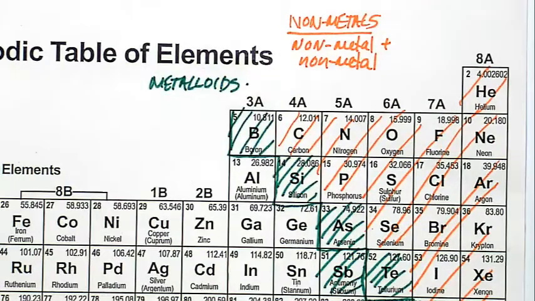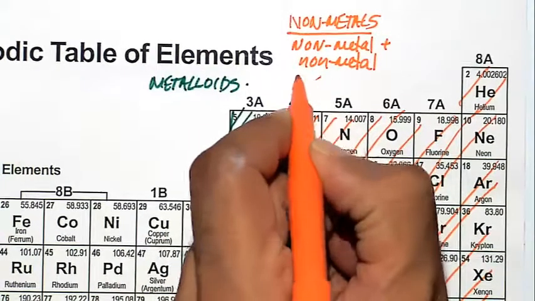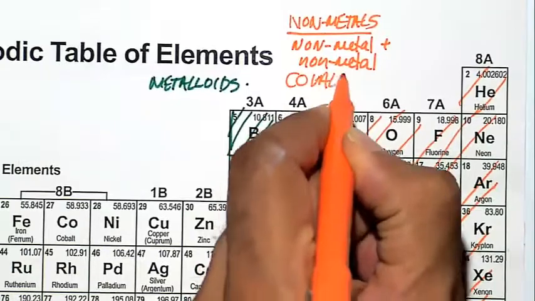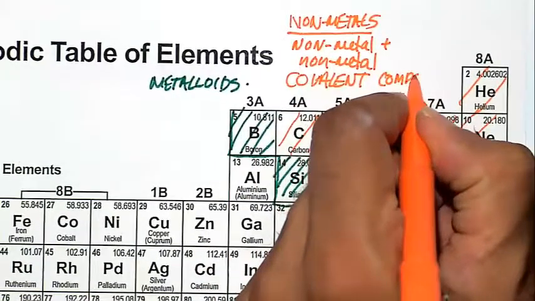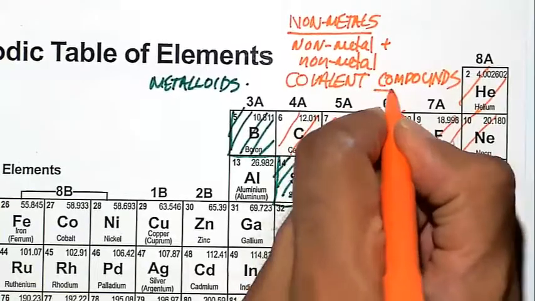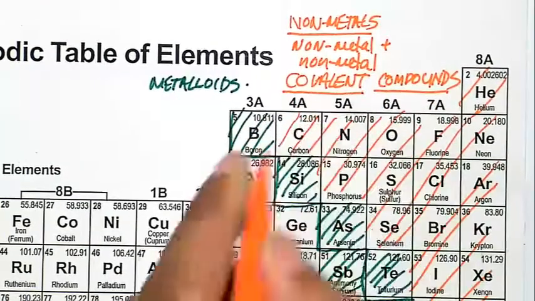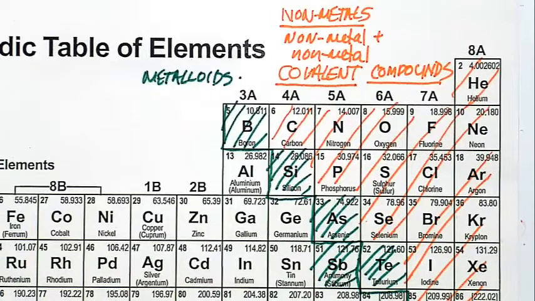That is a compound known as a covalent compound. So it's important to recognize that we can have compounds formed from a combination of two elements, or multiple elements, in the periodic table. Compounds can be covalent or ionic.